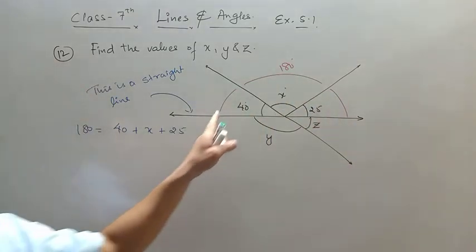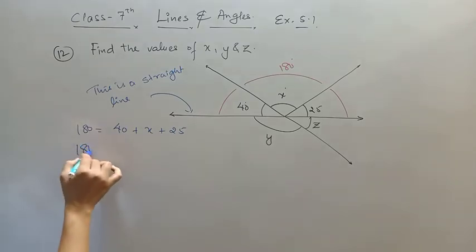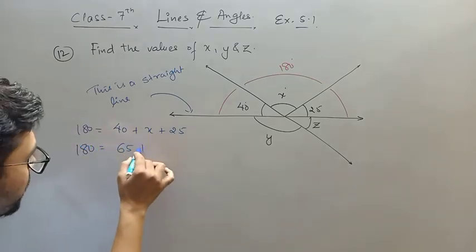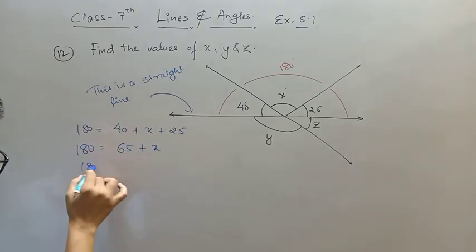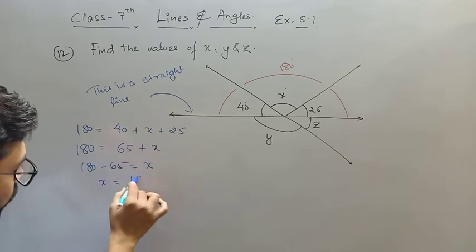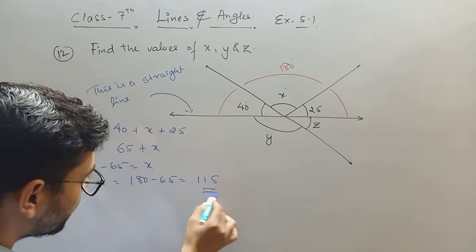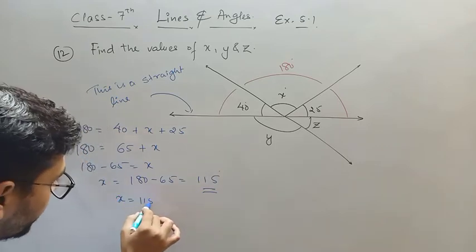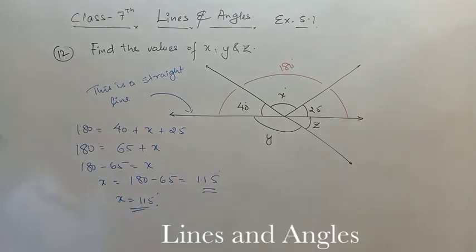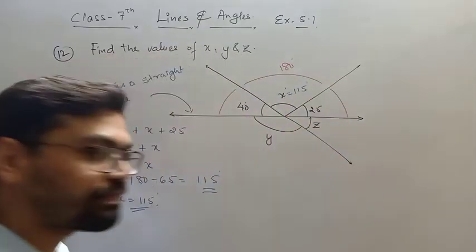So 180 is equal to 40 plus x plus 25, so you can write 180 is equal to 65 plus x. So 180 minus 65 is equal to x. 180 minus 65 is 115. That is the value of x here, 115. I hope this is clear to you all, right?